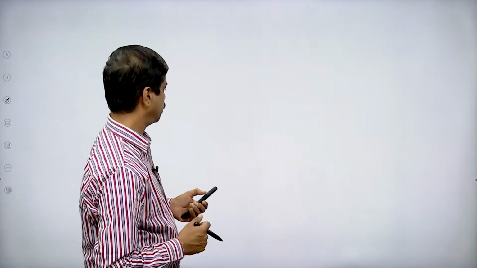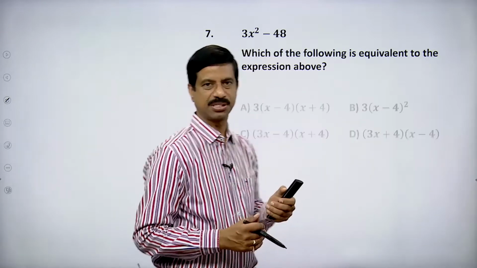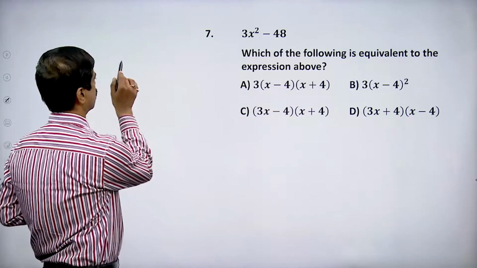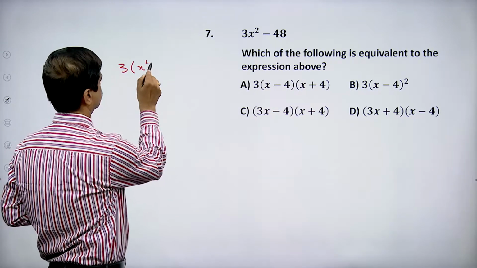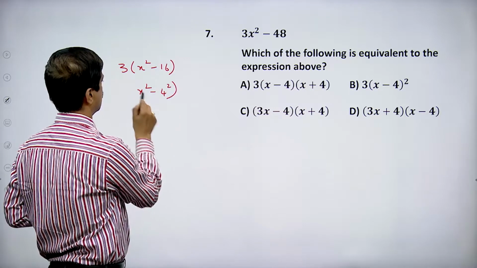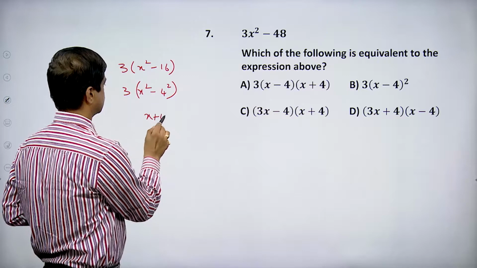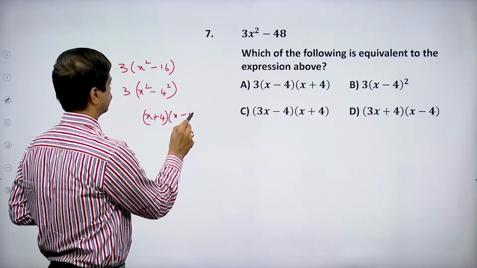So this is over. Now you see, which of the following is equivalent to the expressions given above? So 3 if you take common, x square minus 16. So x square minus 16 is 4 square or not? So a square minus b square is a plus b into a minus b.